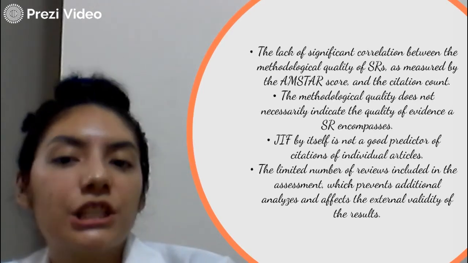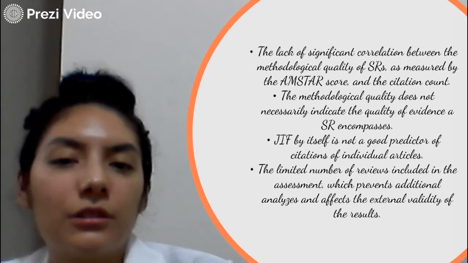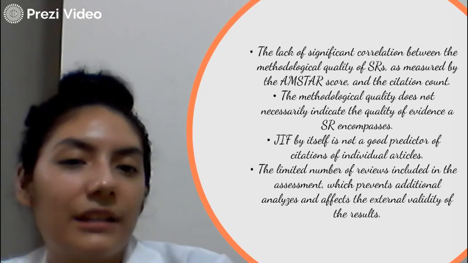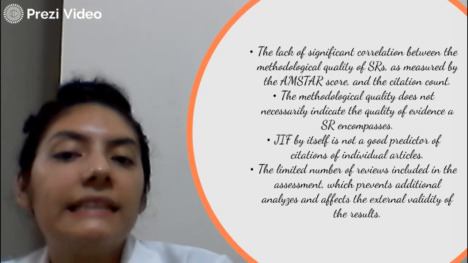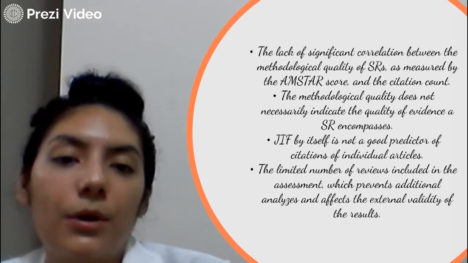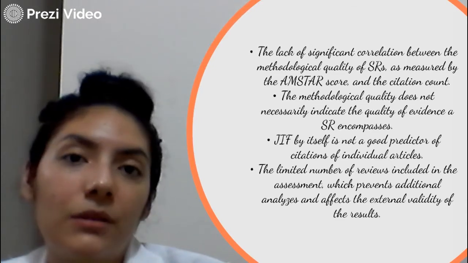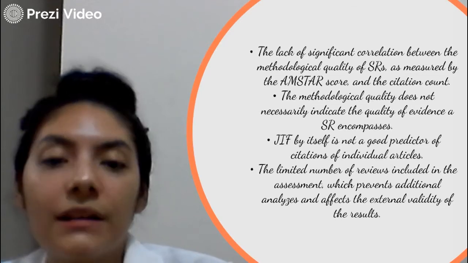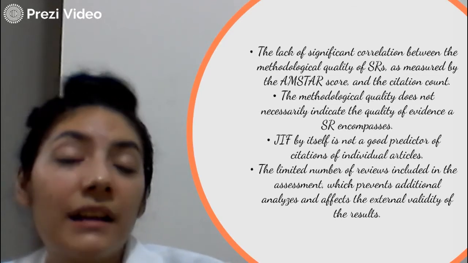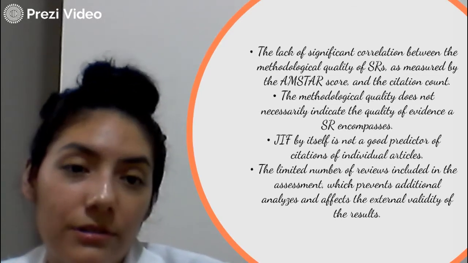Third, GIF by itself is not a good predictor of citation of individual articles. Fourth, the limited number of reviews included in the assignment, which prevents additional analysis and affects the external validity of the results.